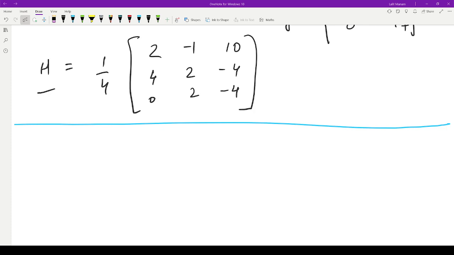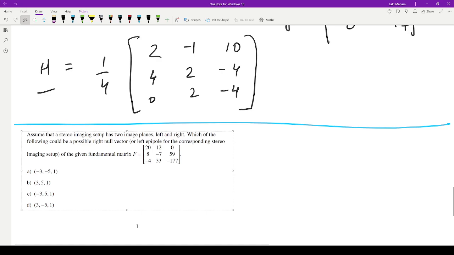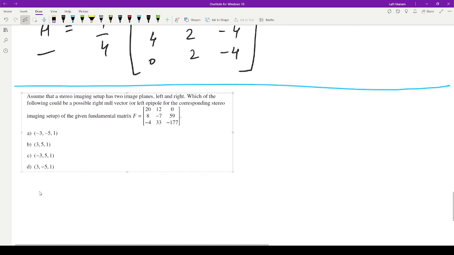The next question is a multiple choice question. Assume that a stereo imaging setup has two image planes, left and right.